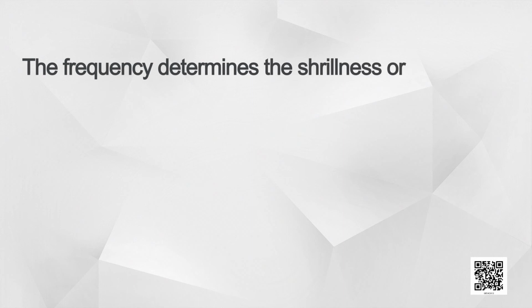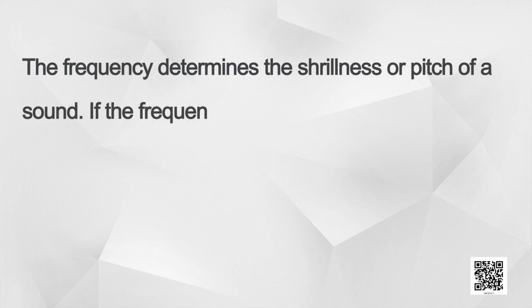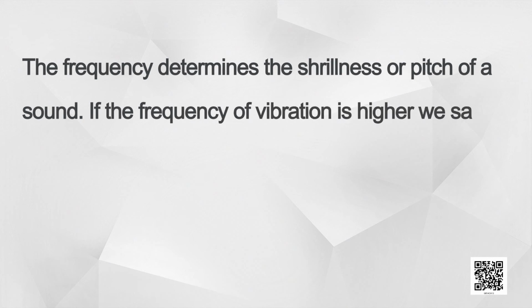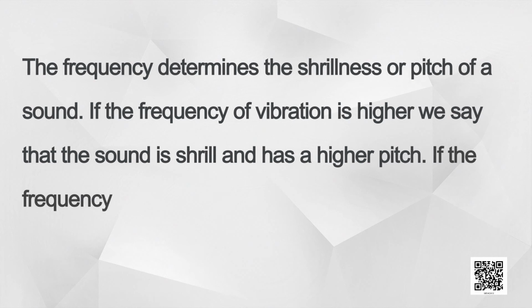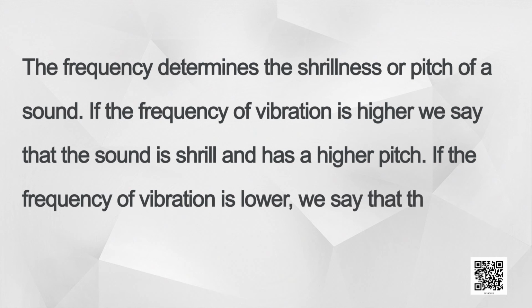The frequency determines the shrillness or pitch of the sound. If the frequency of vibration is higher, we say that the sound is shrill and has a higher pitch. And if the frequency of vibration is lower, we can say that the sound has a lower pitch.